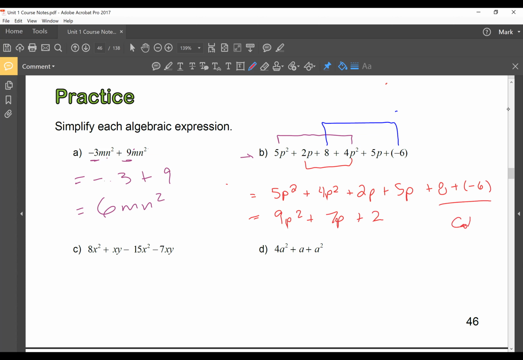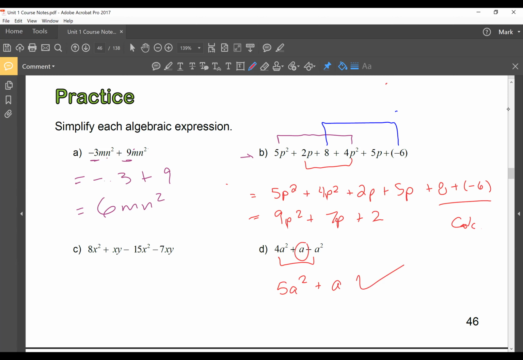You can use your calculator for any type of integer problem that you may have. You'll notice with something like D, if there's a term that stands out that doesn't have anything to add, like a here, there's nothing I can do with a, so leave it.